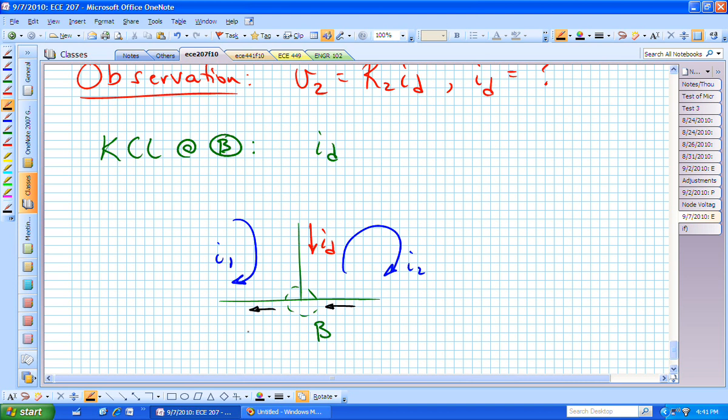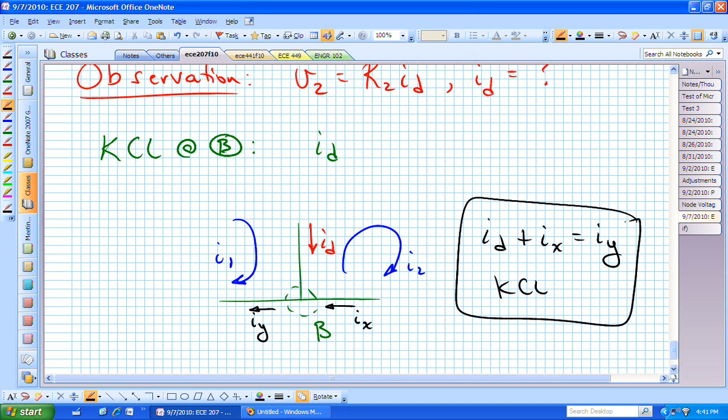If I knew this current, I sub x, and if I knew this current, I sub y, you can write KCL, right? You now know that I sub d, that's going in, plus I sub x is equal to I sub y. That's KCL.